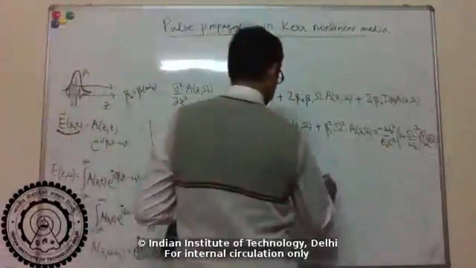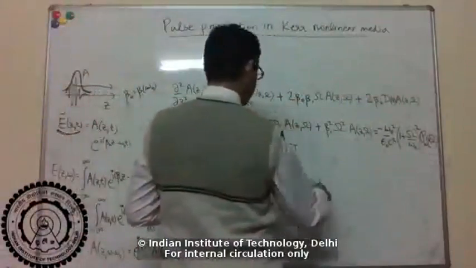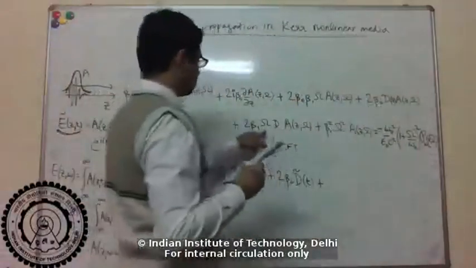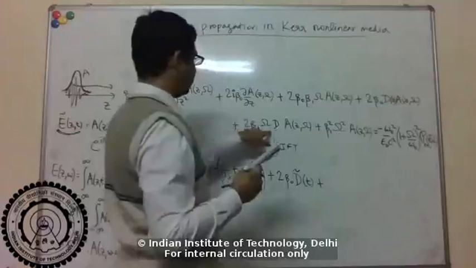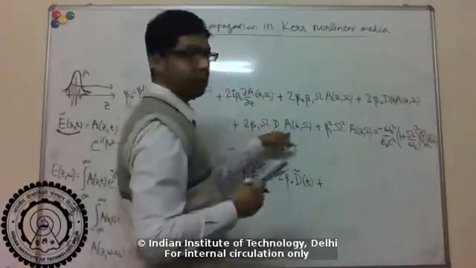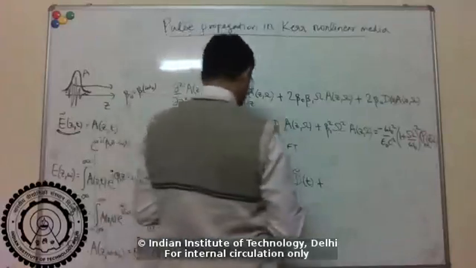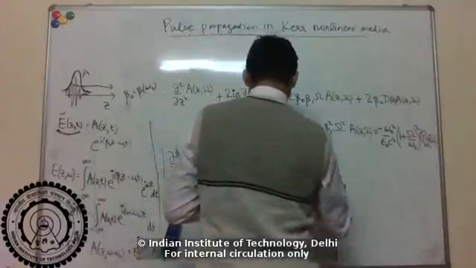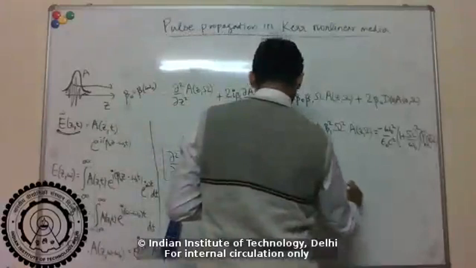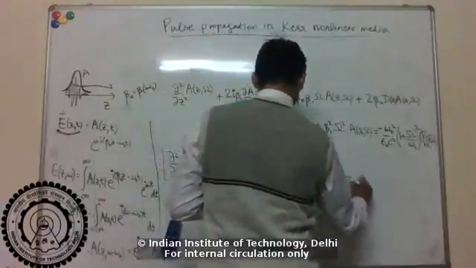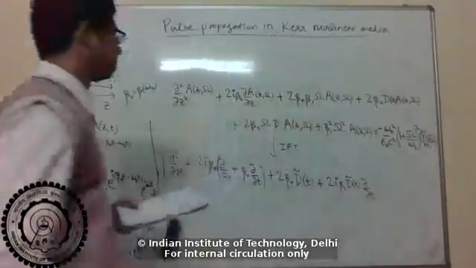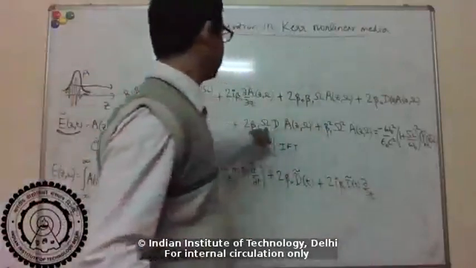We'll see what this D of t is. And here also I have 2 beta 1 then D. Again I have omega times A, so I get a derivative in time of A, del by del t again coming from this omega.